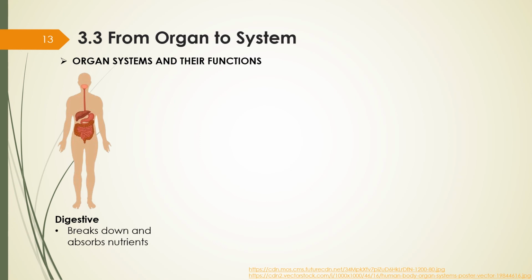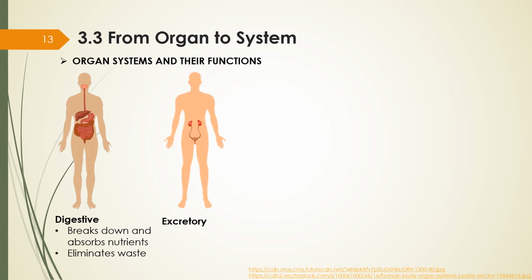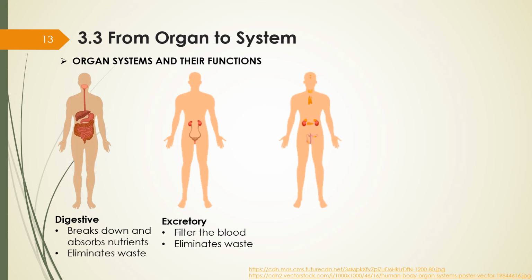Digestive. The digestive system breaks down the food that you eat, absorbs the nutrients that come from this food, and also eliminates the waste. So the food that you don't need, that is not good for your body, you eliminate. Excretory. The excretory system filters the blood and eliminates waste, but it's a different waste from the digestive, okay? Lymphatic.